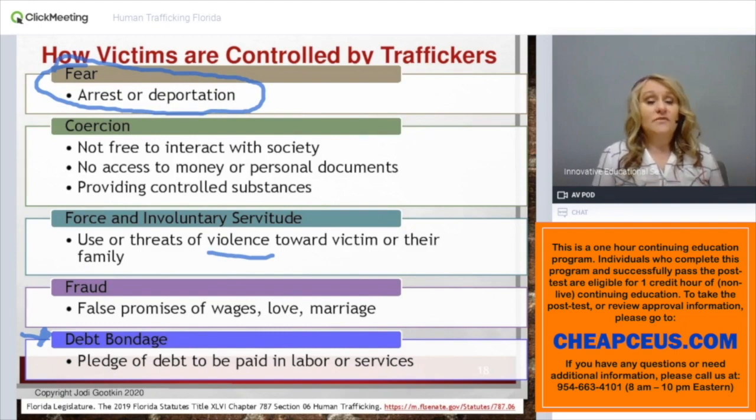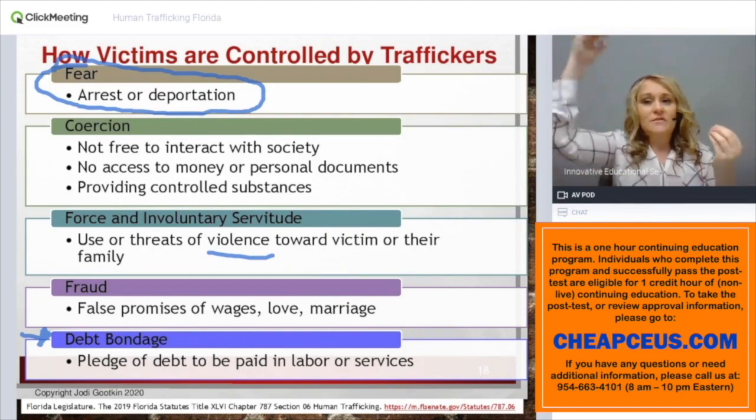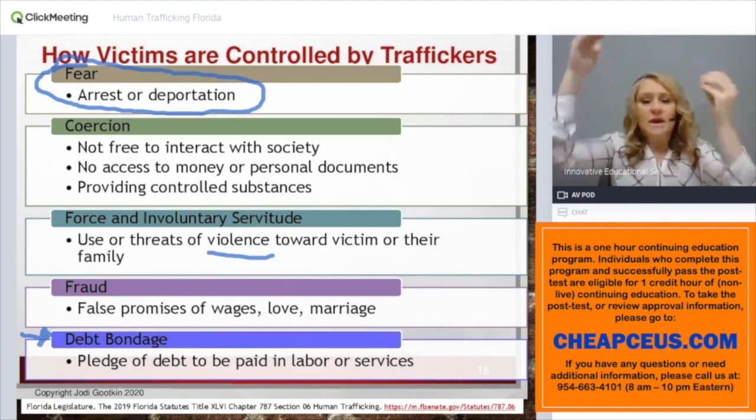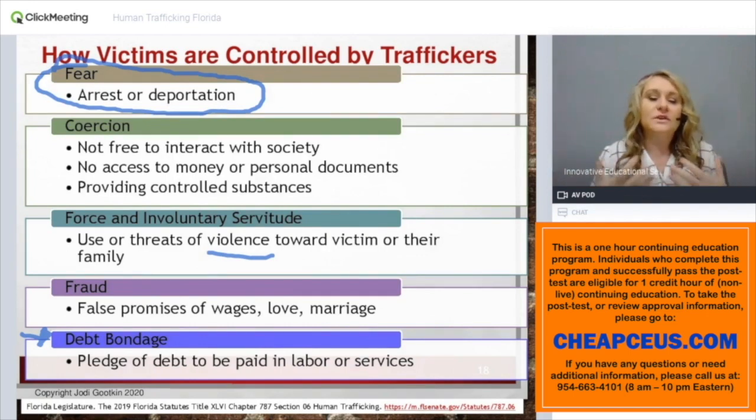And now the trafficker is continually raising that fee, charging them for rent, even charging them for toiletries. They're being told, well, you can pay off that debt through this sexual exploitation or labor trafficking, except the wage they're given versus the debt never match up and they never pay it off. So they're constantly stuck in this situation, which is a crime.